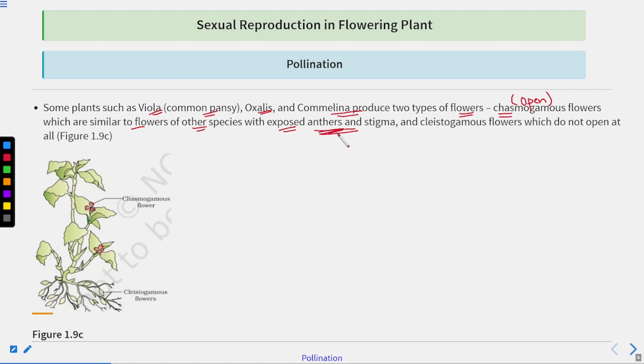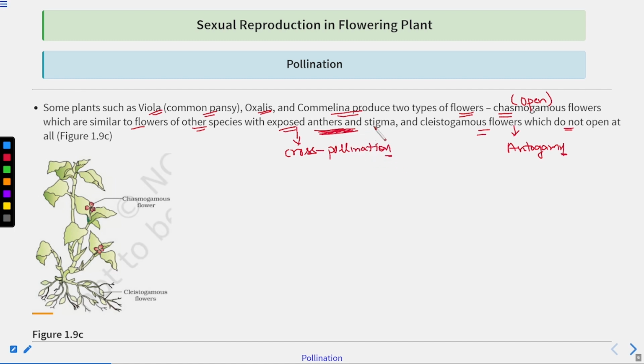So mostly cross-pollination will occur here. And cleistogamous flowers do not open, meaning the anthers and the stigma are not exposed. So in cleistogamous flowers, autogamy will be favored, and in chasmogamous flowers, cross pollination can occur.